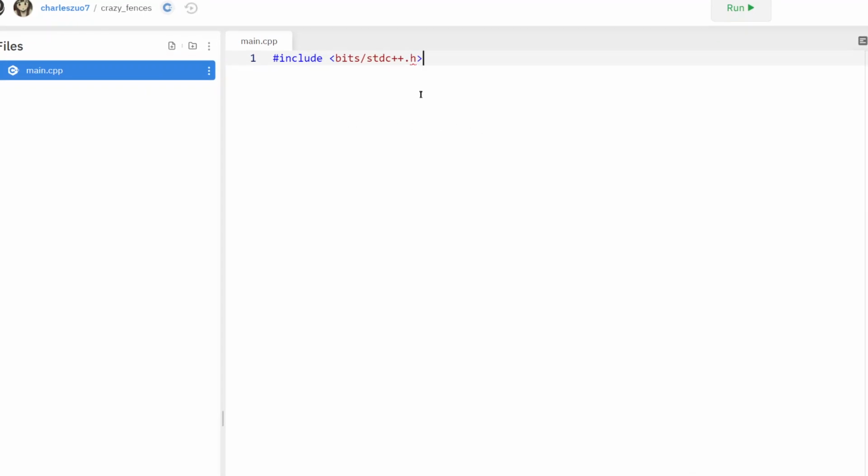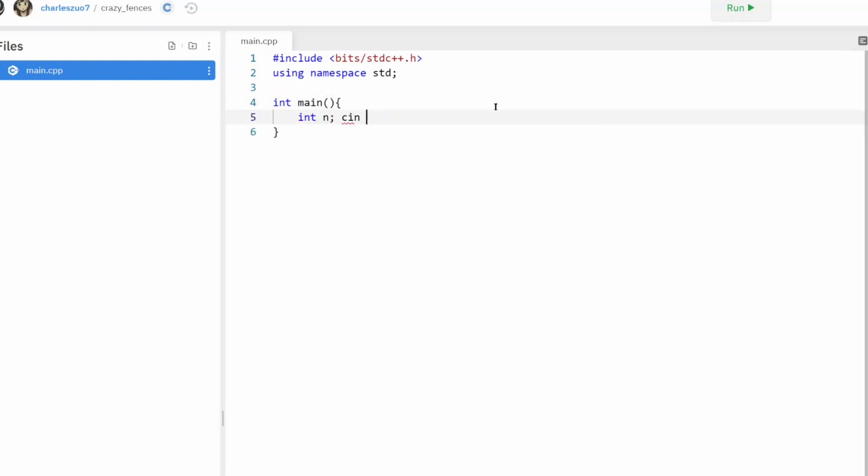I will post the solution of other languages later, in later videos. So using namespace std, so int main, we're taking the number of trapezoids.